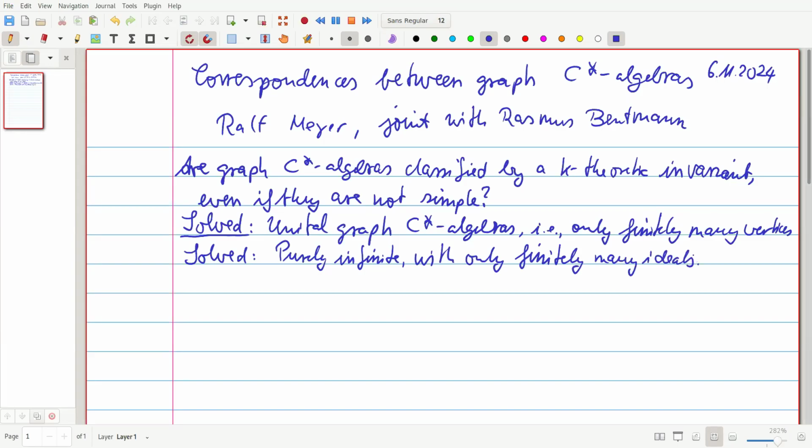In these cases, the classification was also finished by Rasmus Bentmann and myself in earlier papers. We found some invariants of a K-theoretic nature that would do this classification. And in the end, the only thing that our newest preprint could achieve was to get rid of this restriction on the ideal structure.